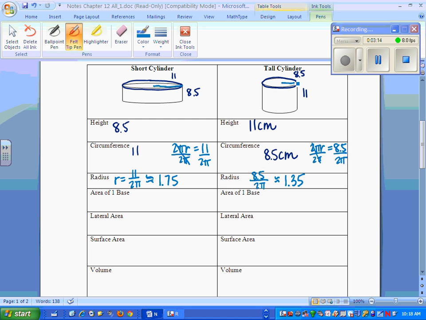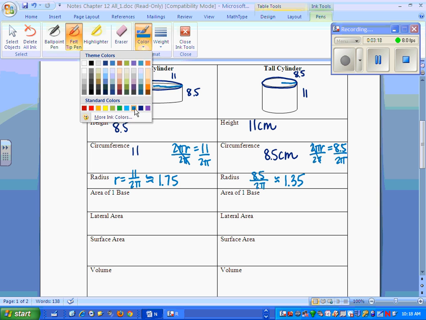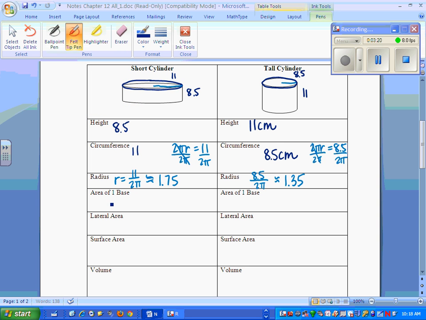Now to find the area of the base, I'm going to do pi r squared. Remember, the base is a circle. So pi times 1.75 squared is about 3.06 pi, and let's calculate that out to about 9.61.